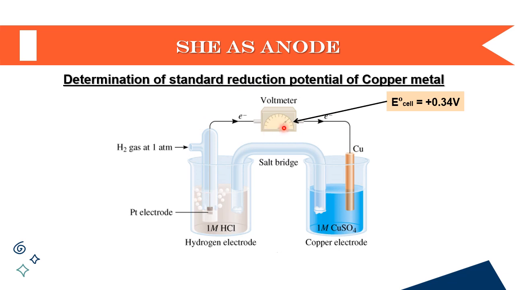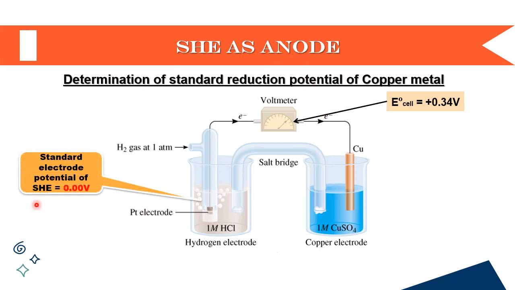But for now, just understand that this is your setting. The value of our SHE is still 0.00 volt, and the E naught cell, meaning the cell potential, the difference between the two half cells, is positive 0.34.